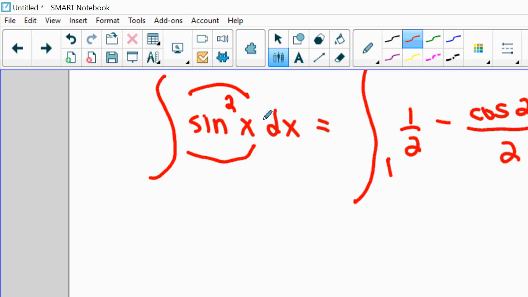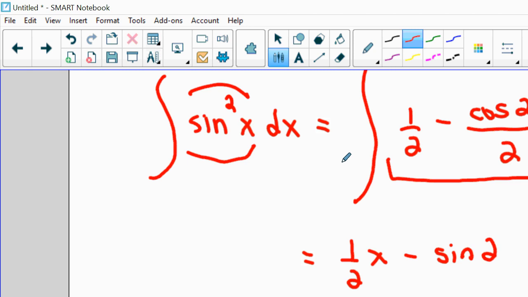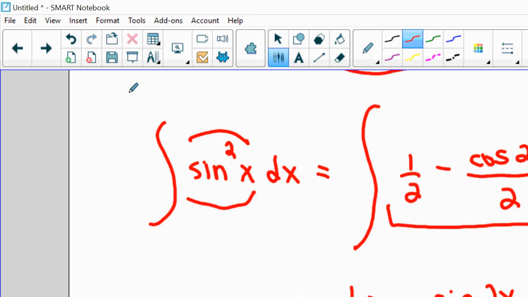This is very easy. This is 1/2 x minus sine 2x over 4 plus some arbitrary constant c. When you get into calculus, this part's easy. But if you don't know this formula and where it came from, well, then you're just kind of hosed.